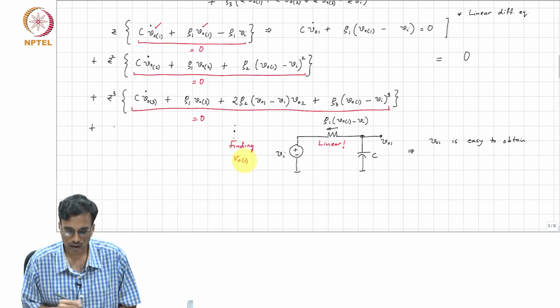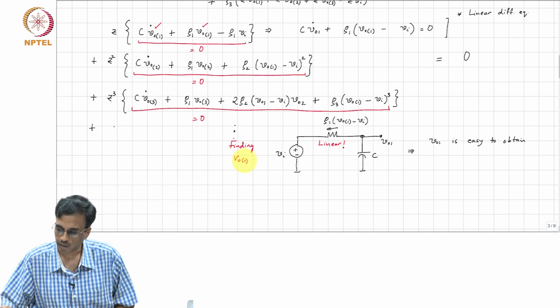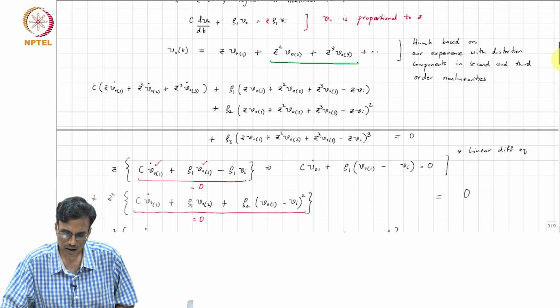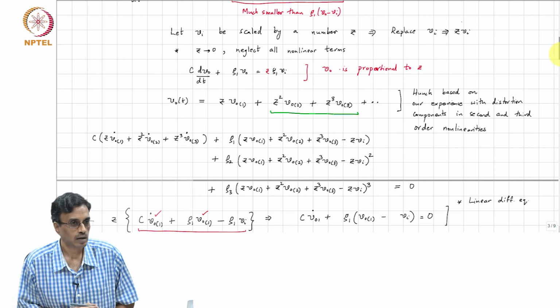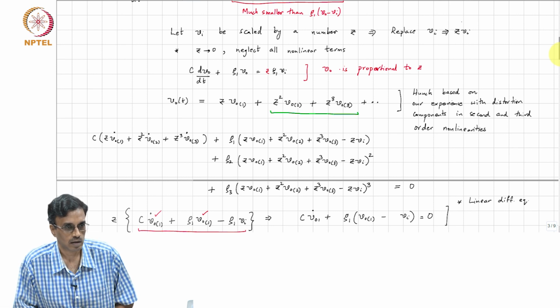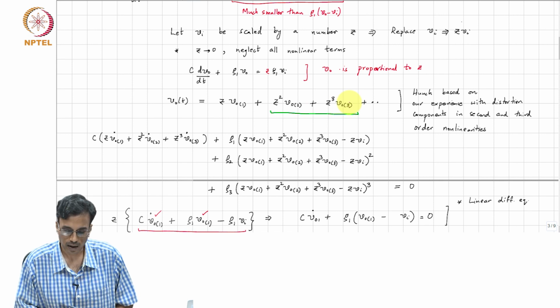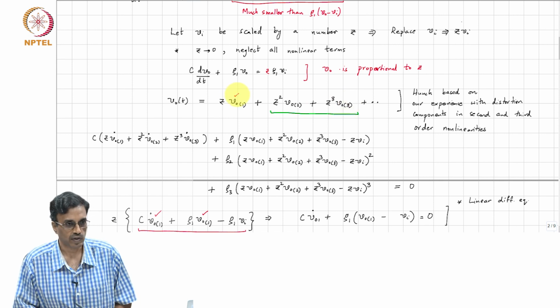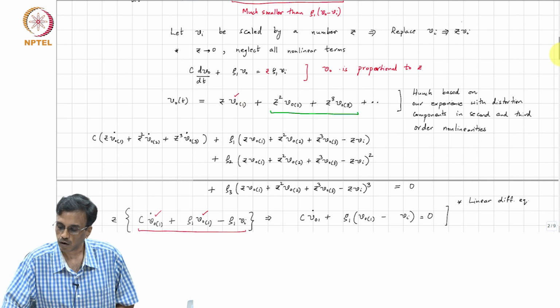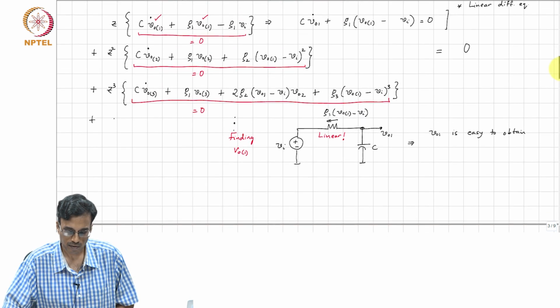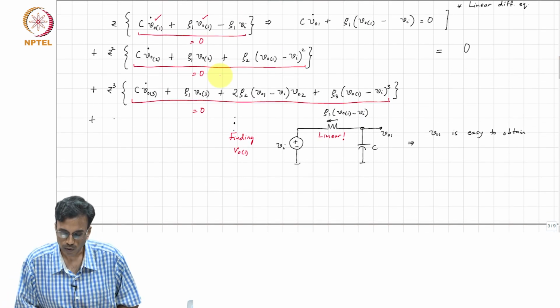Remember, what are we trying to find? We are trying to find V01, V02, V03, etc. So, we have found V01. Now, how do we find V02? Well, we look at this here. What do we get?